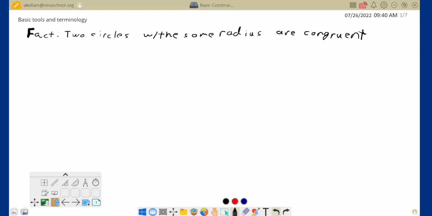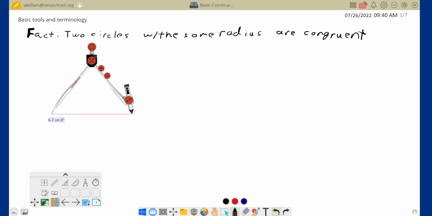So, what that means for us is if we draw two circles and we can verify that those two circles have the same radius, then we know that they are basically the same circle, just in a different location.